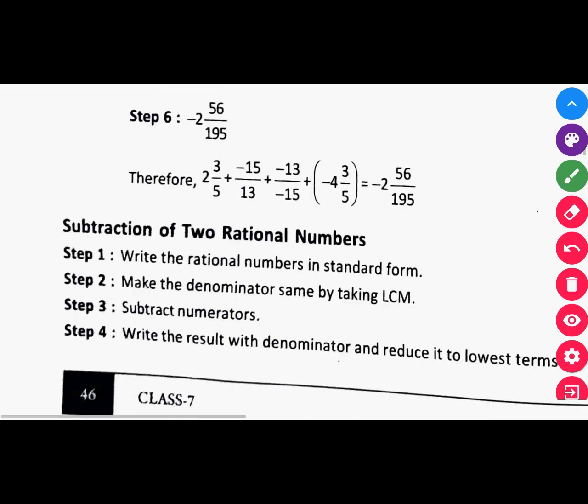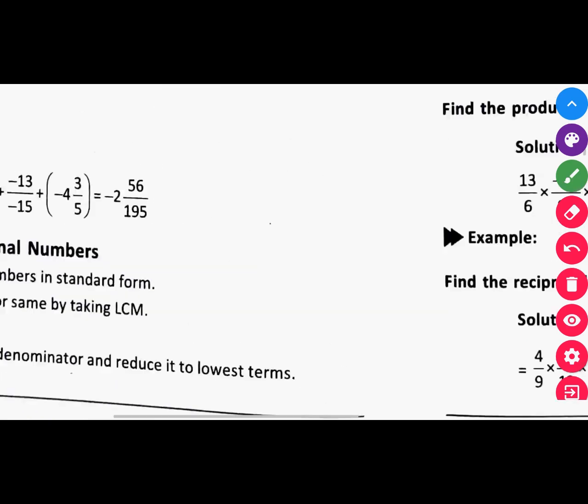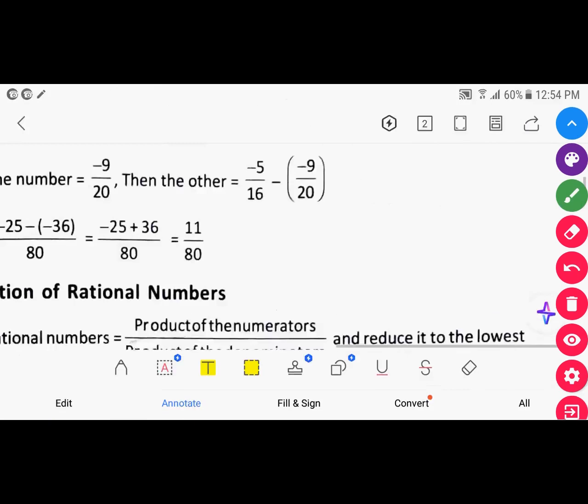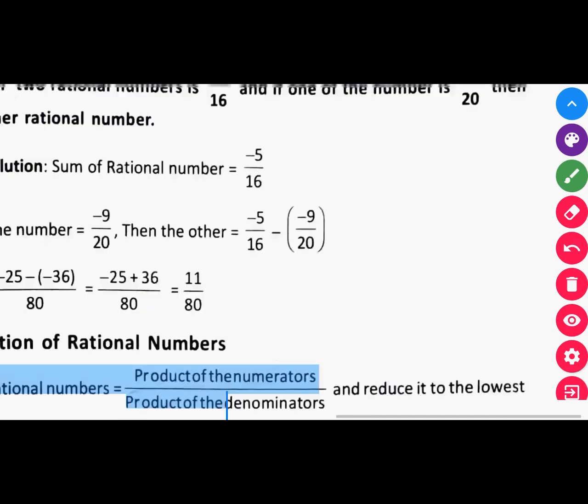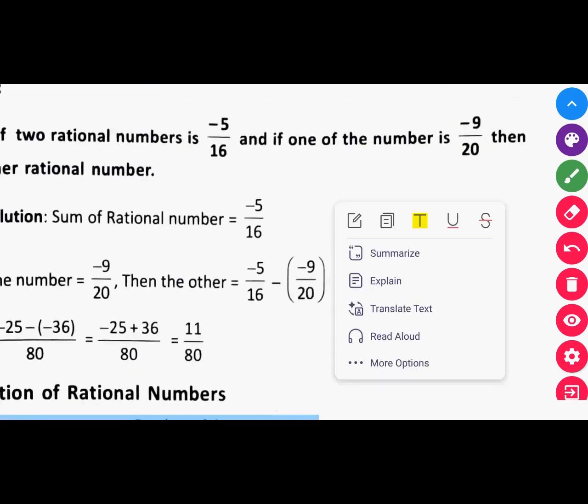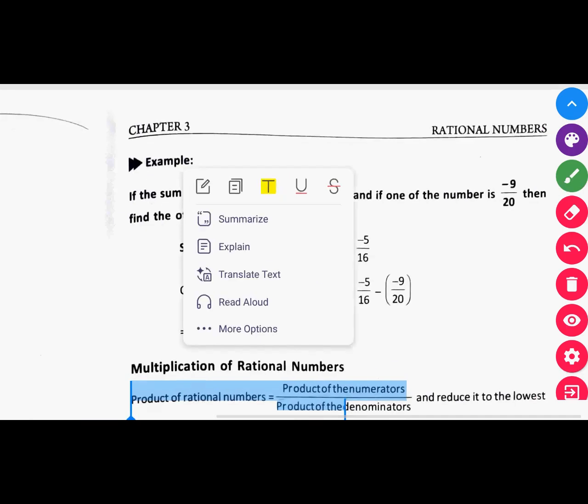To subtract, again convert it into standard form, find the LCM of all the denominators, subtract the numerators, and whatever result we got, we have to convert it into its lowest form. Okay, the same way. Now here both the numbers are in the standard form.